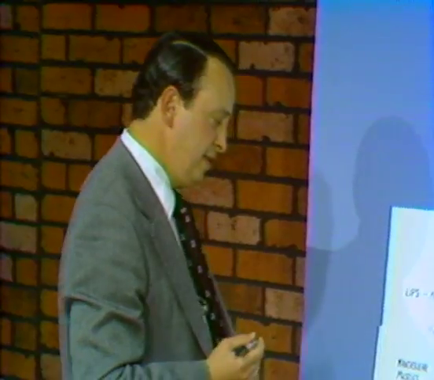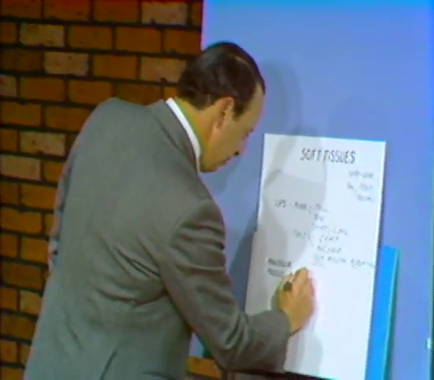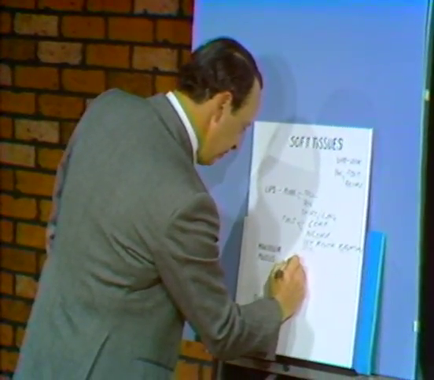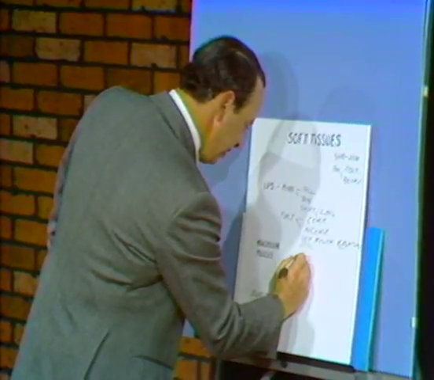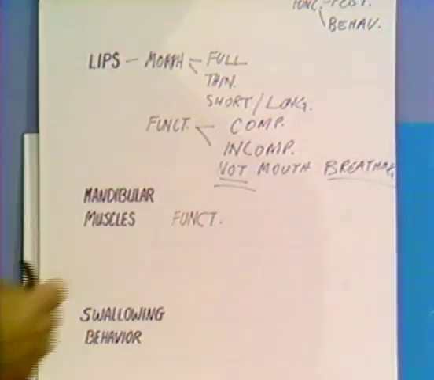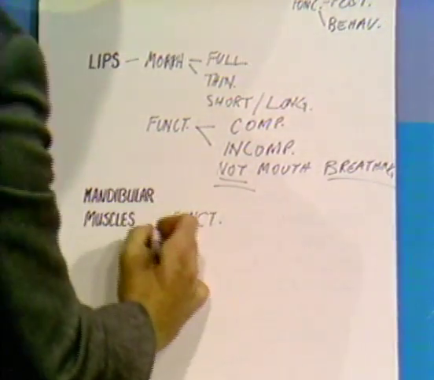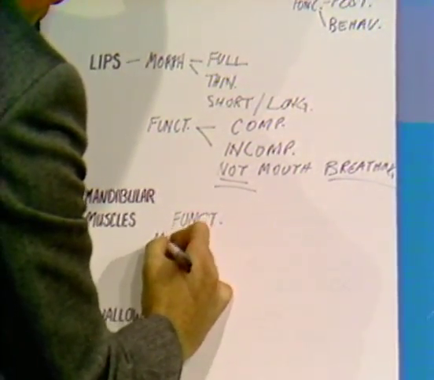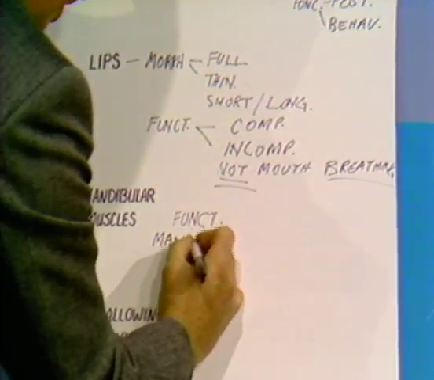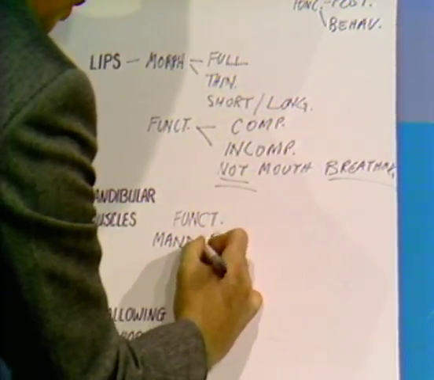Okay, now what about the mandibular musculature? Morphology is impossible to establish. However, we can have a look at some functional aspects of the muscles of the mandible, muscles of mastication, as they're sometimes referred to. Now, the functions that we look at are those which relate to mandibular posture, and mandibular posture is best assessed in two ways.